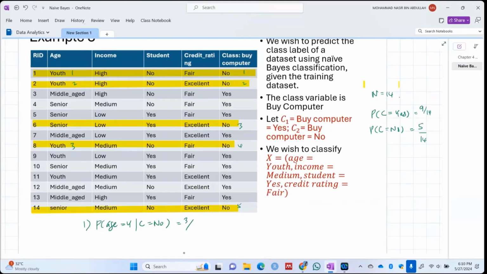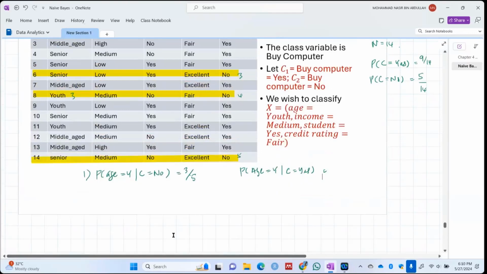The total number of observations of C equal to no. So we have 5 observations, right, for C equal to no? So this one should be over 5. That is probability of H equal to Y given C equal to no. Probability of H equal to Y given C equal to yes, later on we will calculate this one. Now we focus on C equal to no.